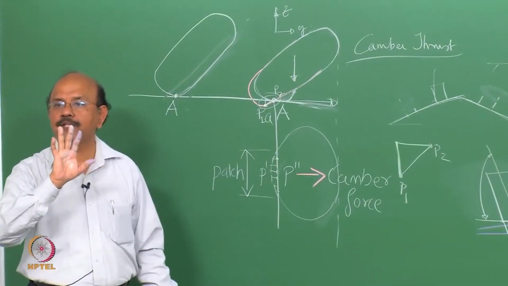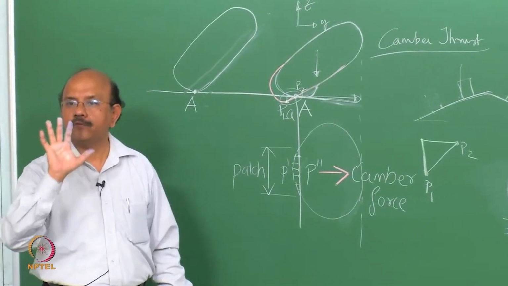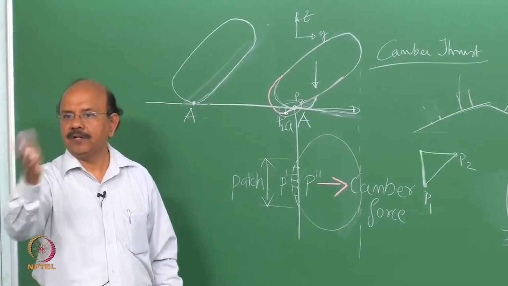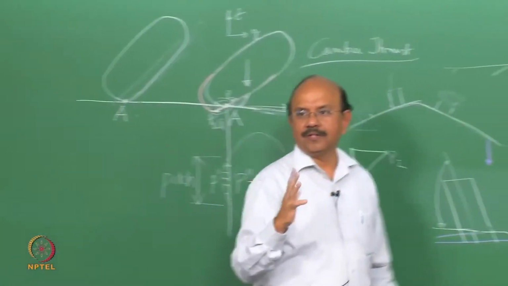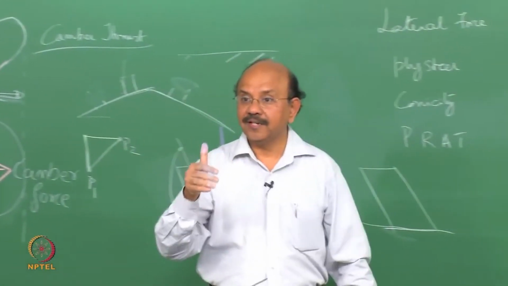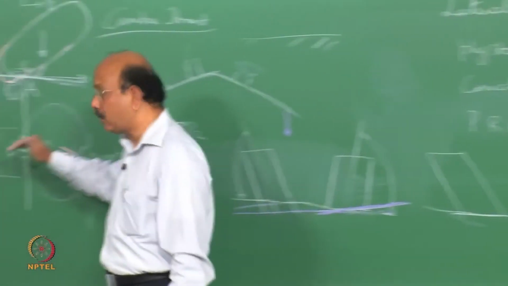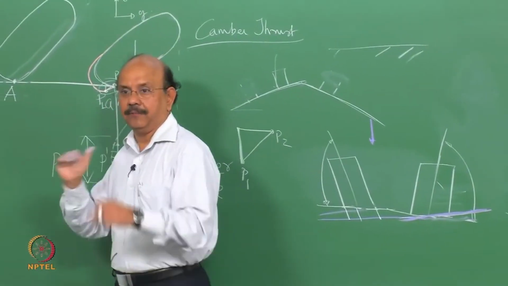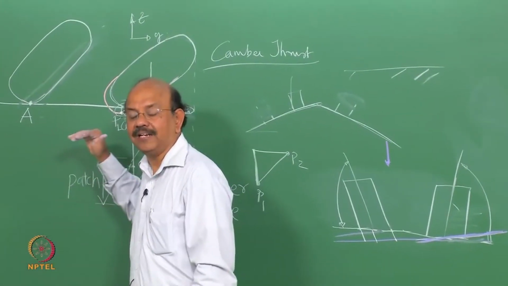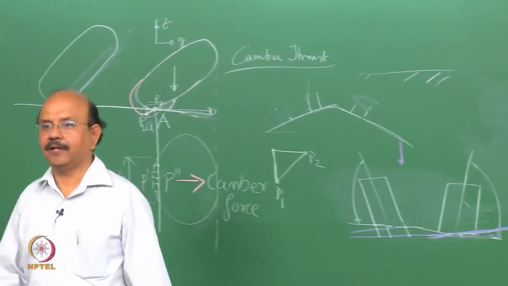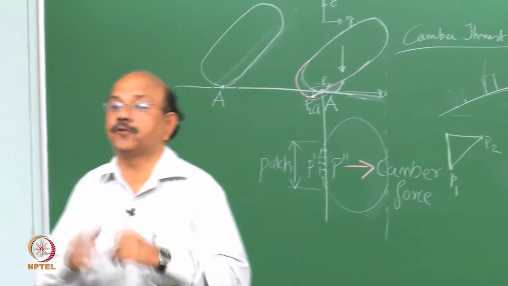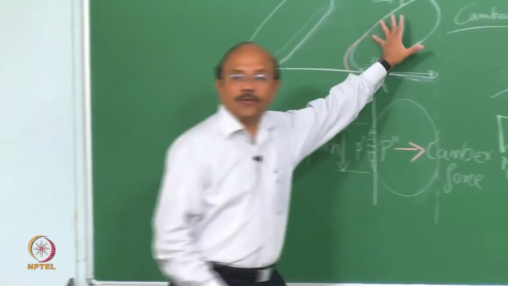Body force is a force that acts throughout the volume of the body, which is typically your gravitational force, or magnetic force and so on. So this is not a body force. It is a force due to tire-road interaction, acting at the interface between the road and the tire. Clear? Body force means it would be acting throughout the volume of the body.